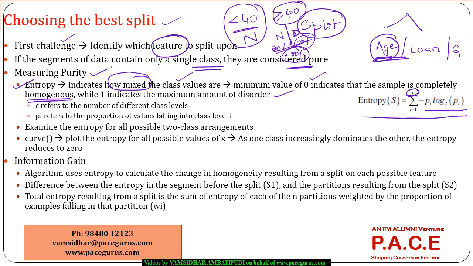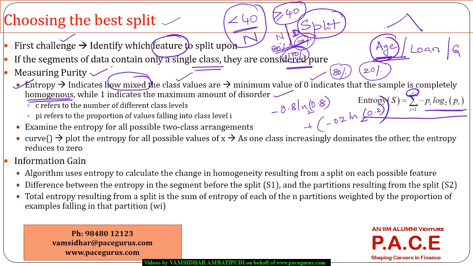So here we said 80% of the values fall into the non-default category, whereas 20% fall into the default category. So the entropy will become minus 0.8 log 0.8 base 2 plus minus 0.2 log 0.2 base 2.